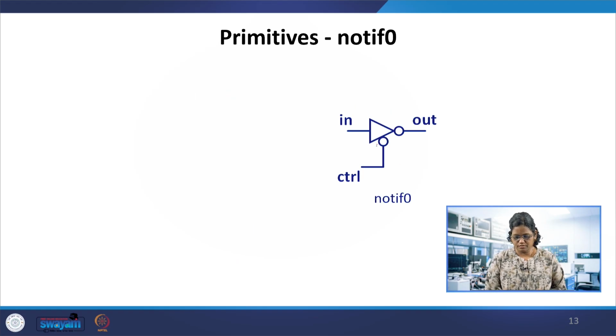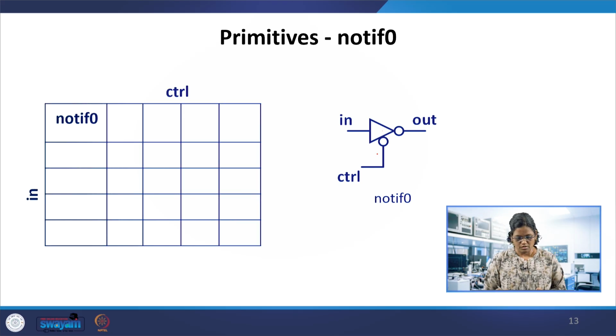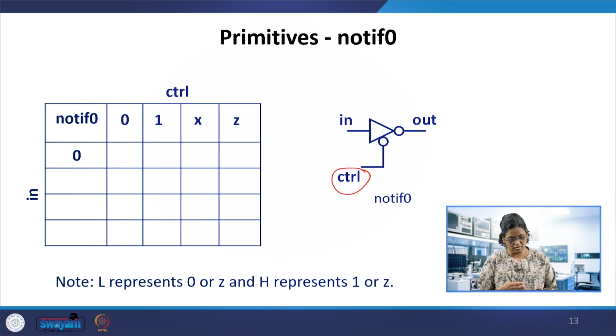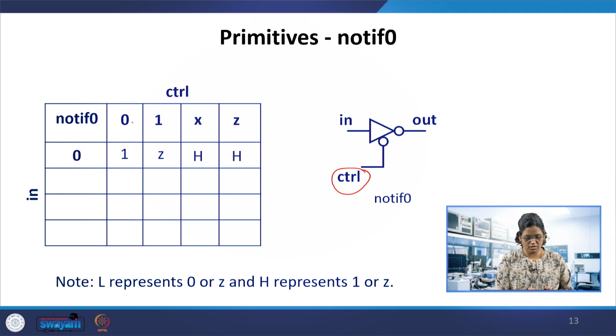Now not if 0. The buffer if 0 is a buffer with the control, and here not if is a NOT gate with active low control. So the truth table again will be 0, 1, x. This control can take four values: not only 0 and 1, but don't care and high impedance states as well. So for 1, 0, this is going to be an inverted input if this is active low, that's the only thing.